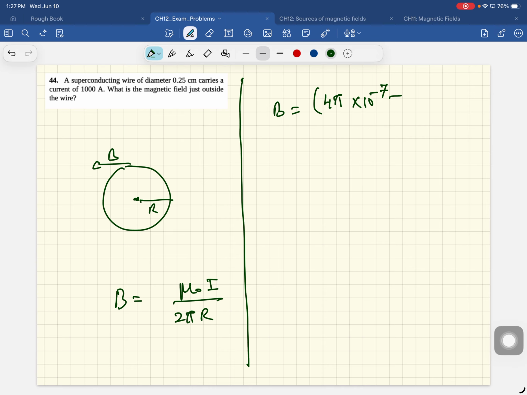The 2 cancels, so it's 10 to the 4 divided by 4 pi. And what you're left with is a per meter. The ampere cancels, the Tesla cancels.